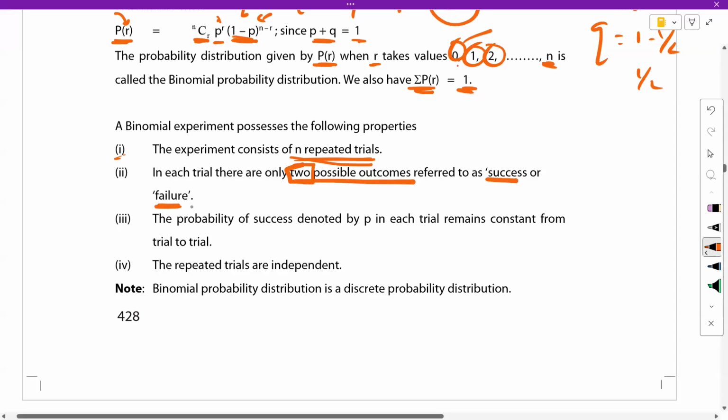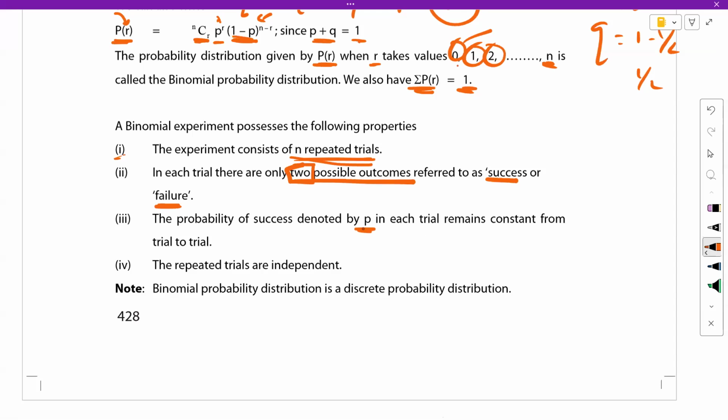It may be in any form: success or failure, pass, fail, plus, minus, yes, no, present, absent. The probability of success is denoted by P, and in each trial it remains constant.